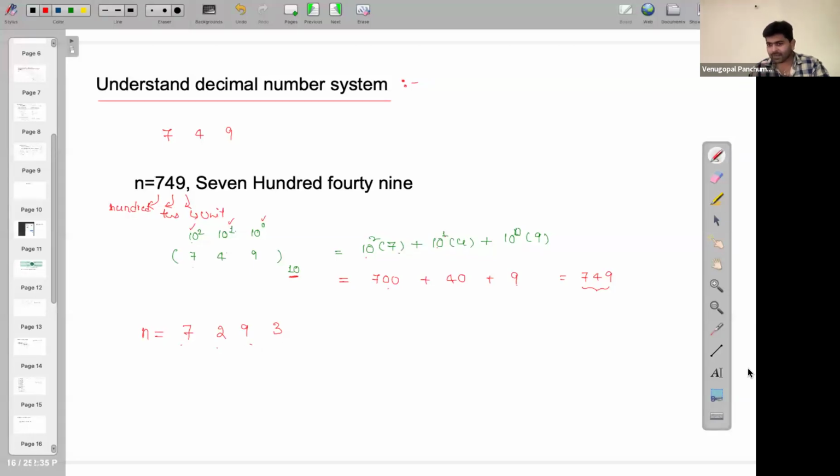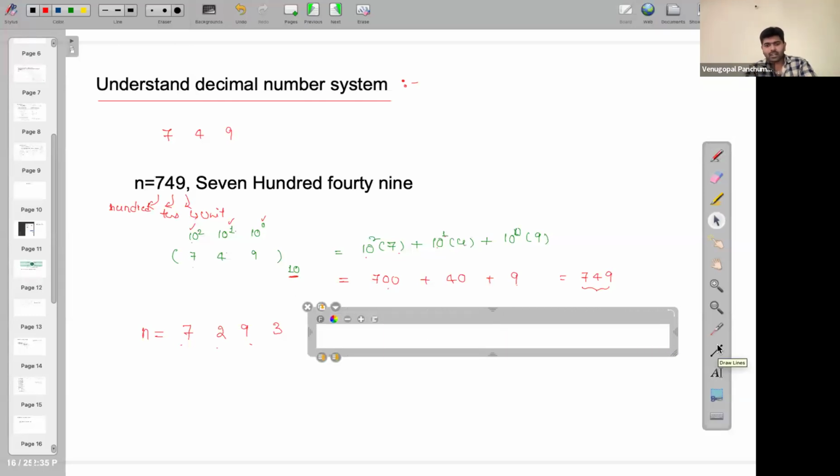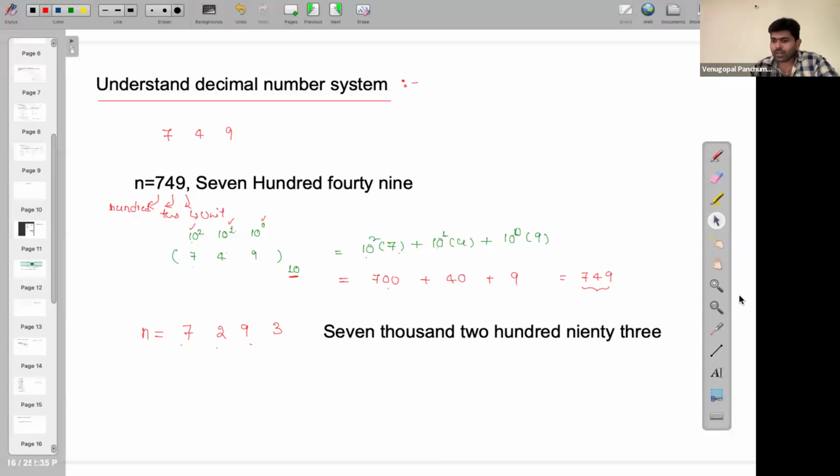Are you going to pronounce it as 7,293? There might be a spelling mistake, please do not focus much on that. We pronounce it as 7,000 because it is in base 10. So see carefully, friends.